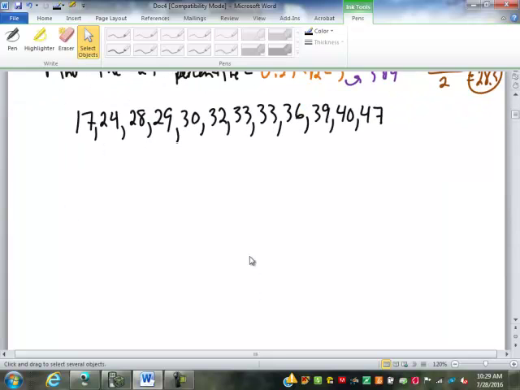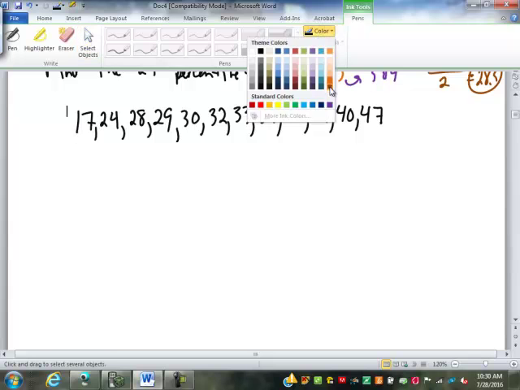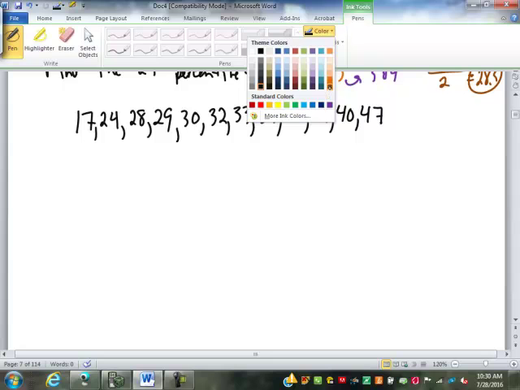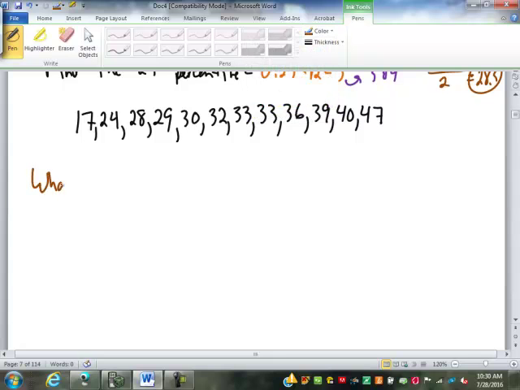I just copied my list of numbers to make it a little easier to do the next part, so I don't have to scroll up and down. Now if I am asked to find what percentile a certain number is in, let's say I'm asked what percentile is 36?